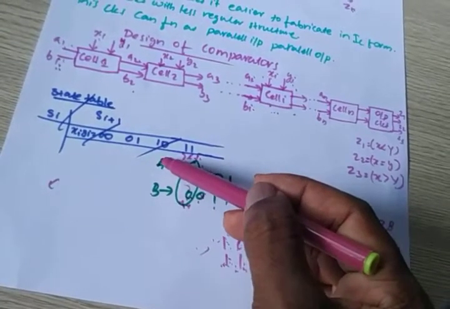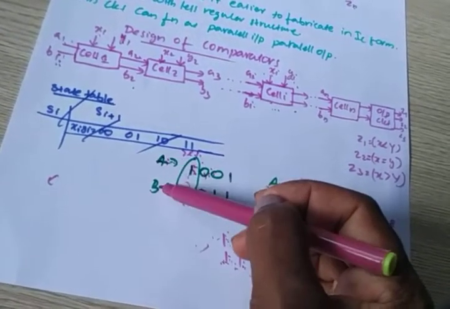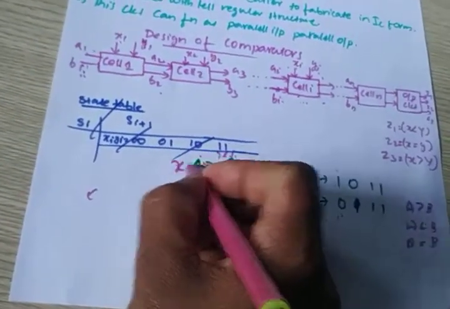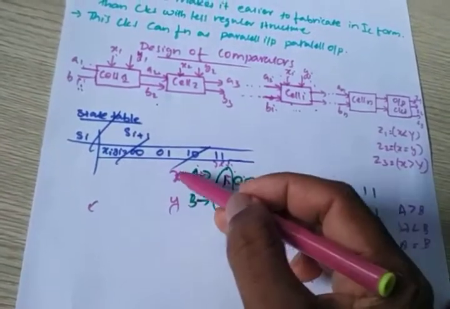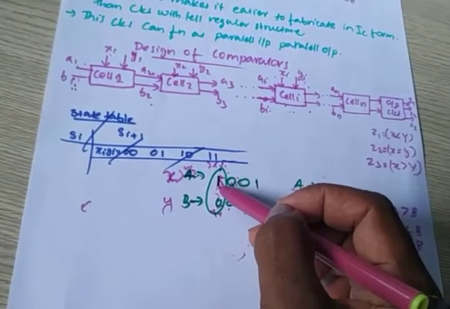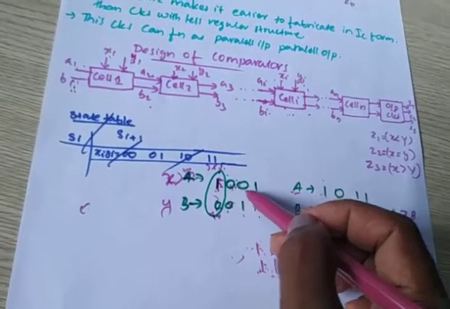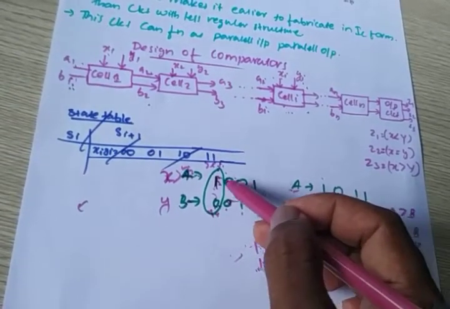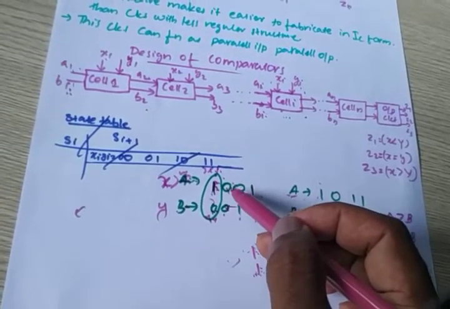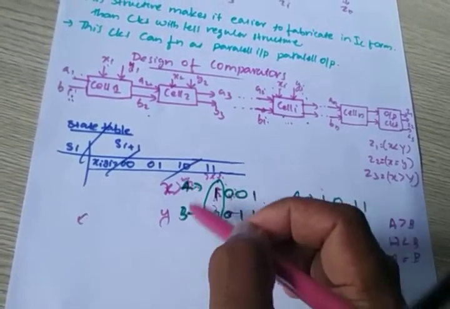That means a is greater than b. For example, instead of a, I am writing it as x. This is y, so I can write it as x greater than y. Why? Because the MSB is 1. So I don't need to check other bits. Without any doubts, I can say that x is greater than y.